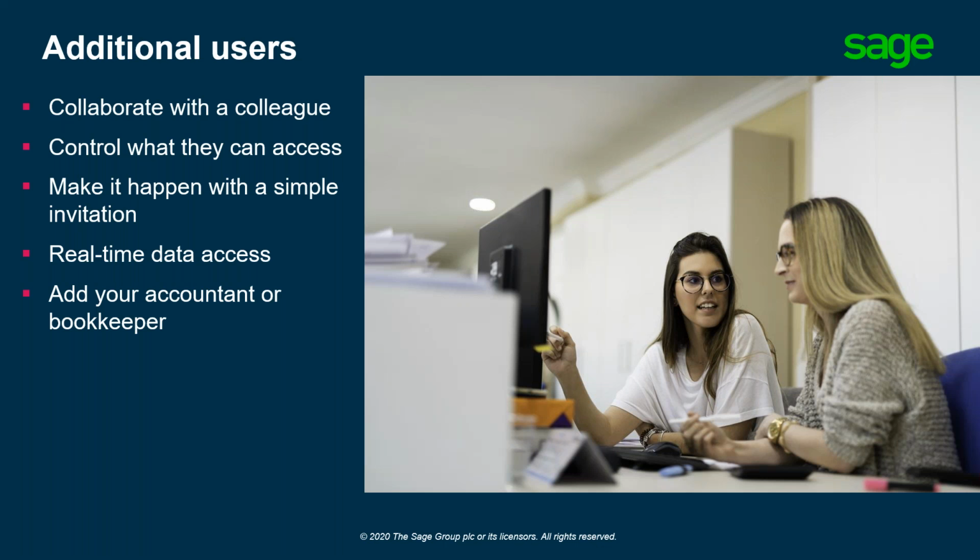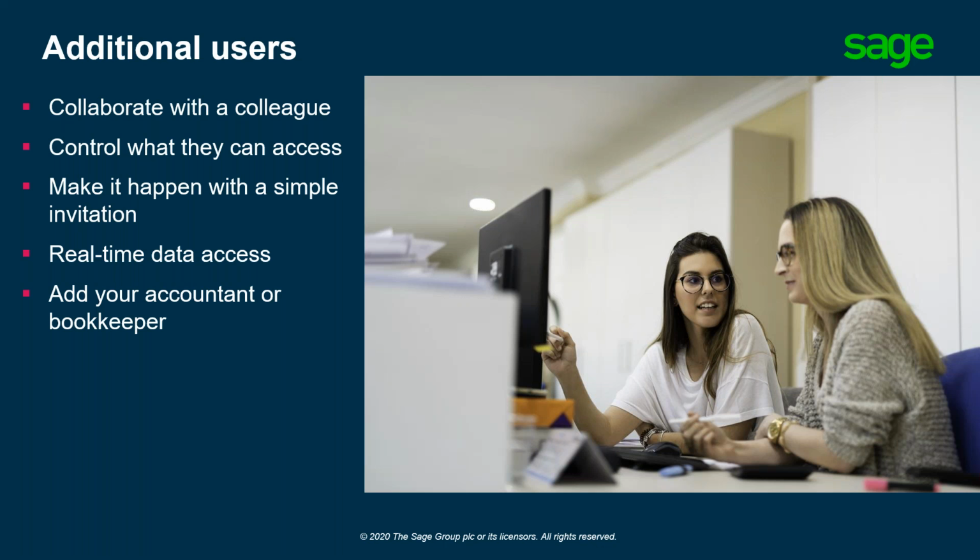If you need to give your colleagues access so that they can access the information and add invoices and payments, etc., then you need to be on Accounting Standard or Accounting Plus, which supports an unlimited number of users. So we're going to show you how to set up your colleagues in just a moment and how you can control what areas they can access.